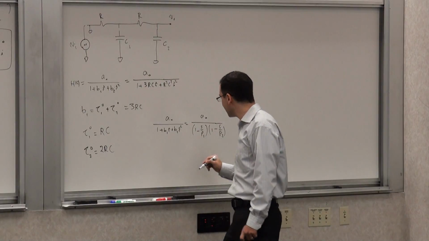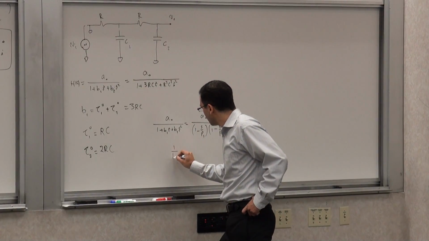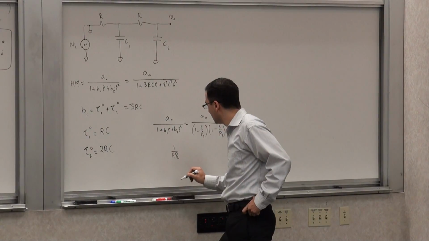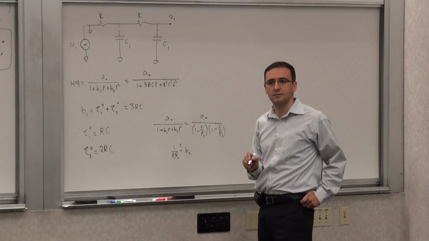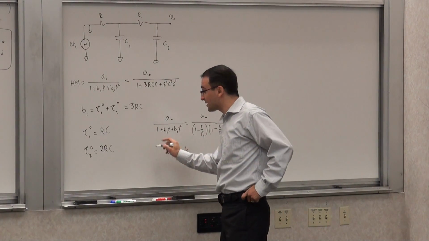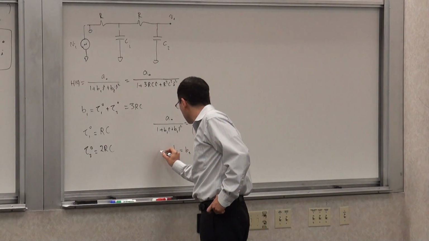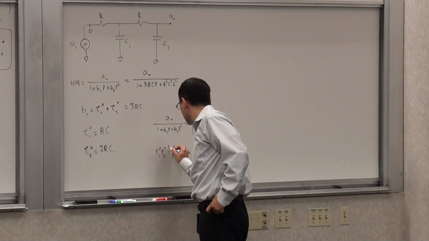But if you make that assumption, what that would mean is that 1 over P1 P2 should be equal to B2. Well, that's true, I'm sorry. But then if that assumption was correct, then that would mean that this would be tau 1 0, tau 2 0. This is the part that's true.